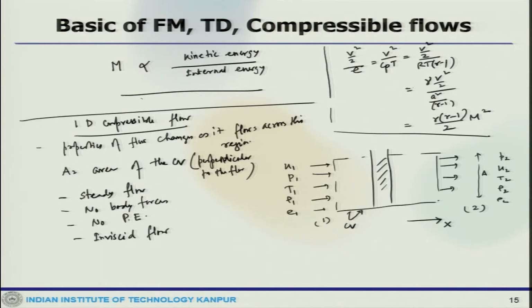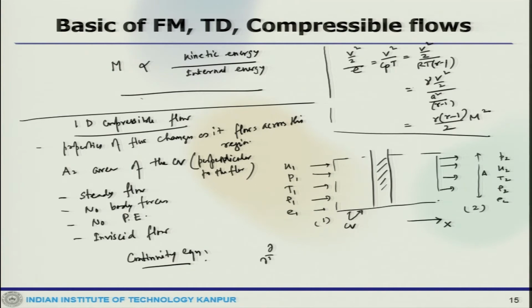So, these are the assumptions that you can have. Then you write down the conservation equation of mass, or the continuity equation. So, first thing that you write is the continuity equation.